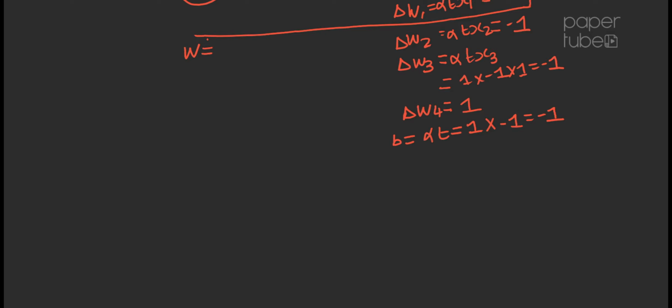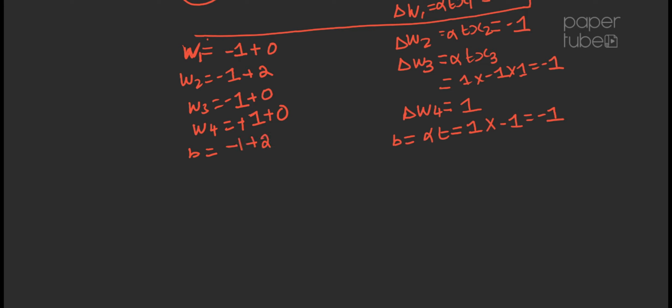So the new weight for W1 is minus 1 plus your old weight 0, W2 is minus 1 plus your old weight 2, W3 is minus 1 plus your old weight 0, W4 is minus 1 plus 1 plus your old weight 0, and B is minus 1 plus your old bias, that's equal to 2.